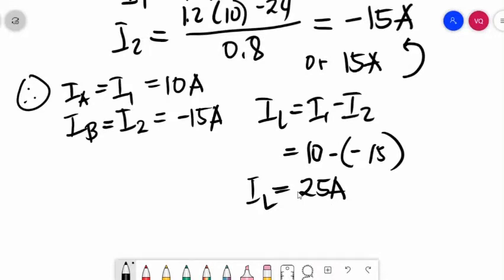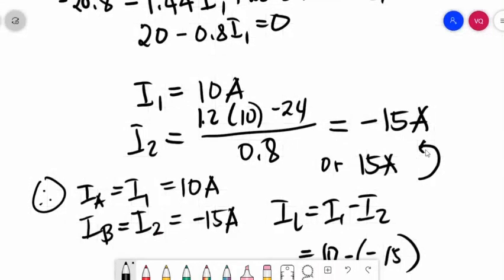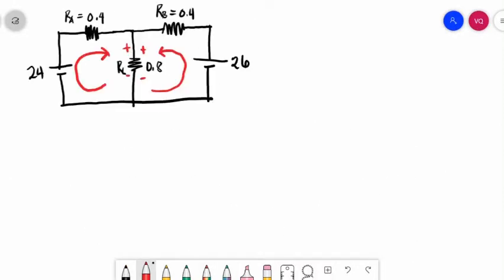So, next, we will solve the same problem but we will use the opposite direction for I2. Tignan natin kung magiging positive na yung I2. Now, we will try to solve the loop current I1 and I2 using Maxwell's theorem or loop current.